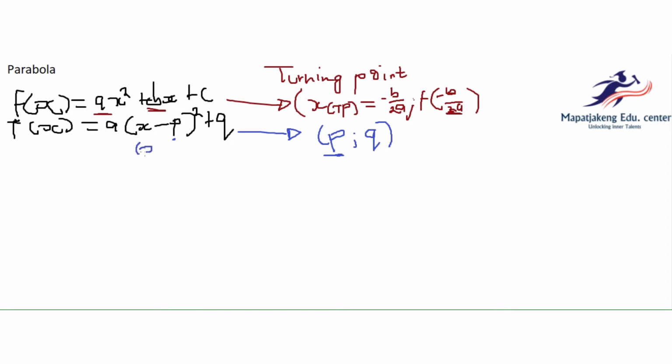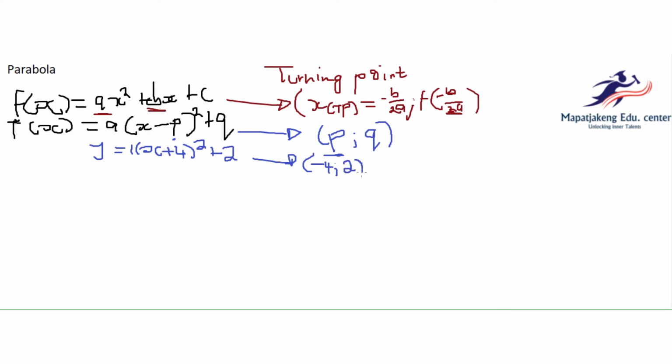Let's say you have x plus 4 all squared plus 2, where a is 1. In this example, the x value of the turning point will be minus 4. Why? Because the negative in the formula makes the positive 4 negative, and then q you just take as positive q.